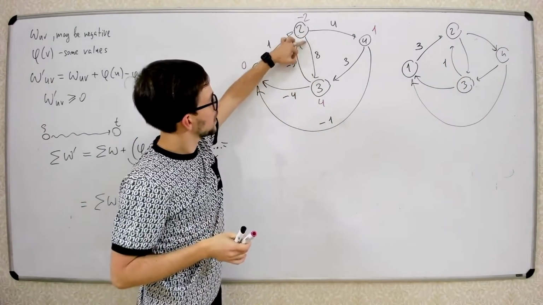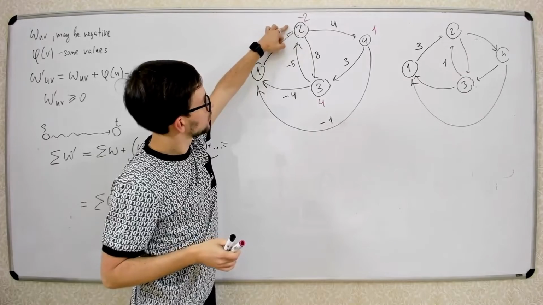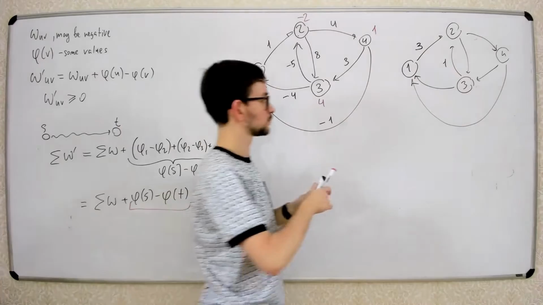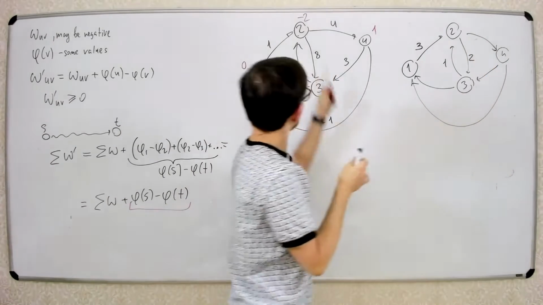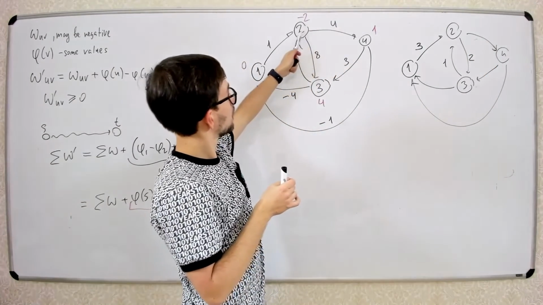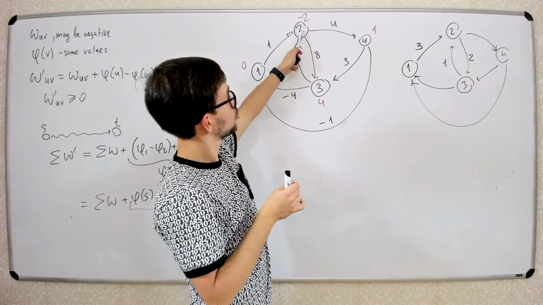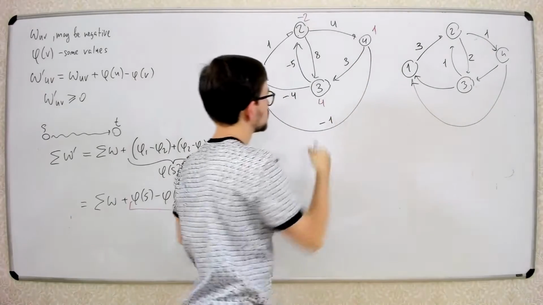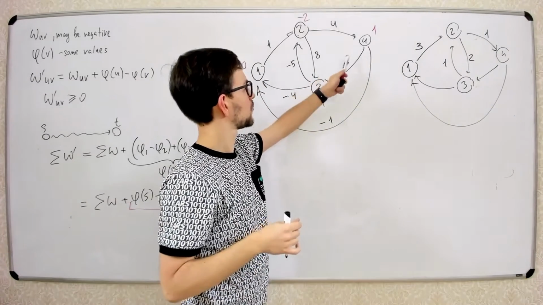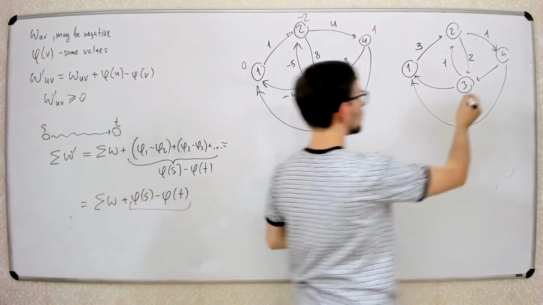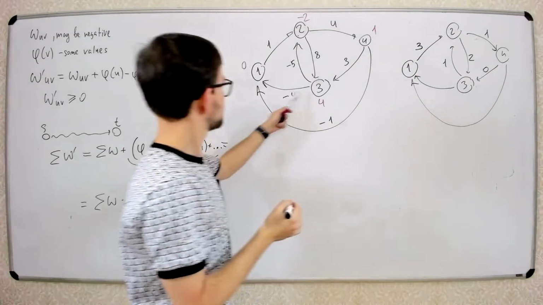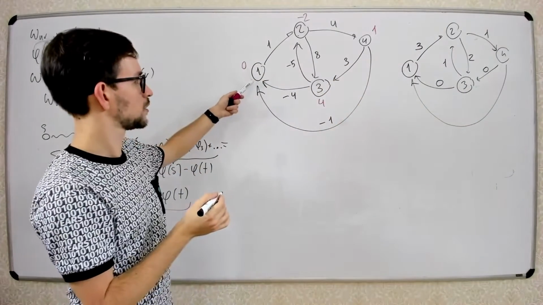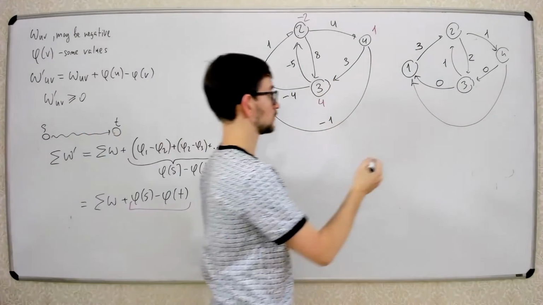For this edge, it will be 8 plus minus 2 minus 4, which is 2. This edge will be 4 plus minus 2, which is 2, minus 1, so it will be 1. This edge will be 3 plus 1 minus 4, which is 0. This edge will also be 0, and this edge will also be 0.